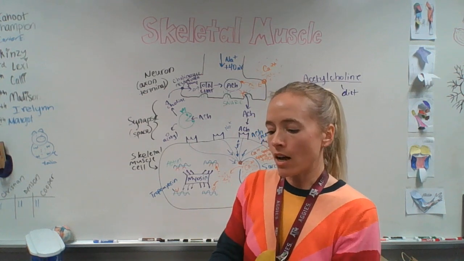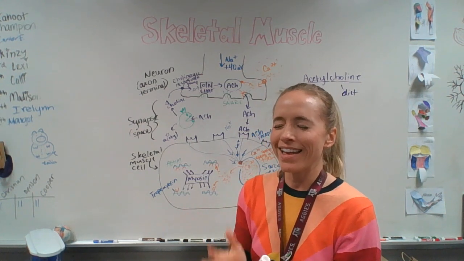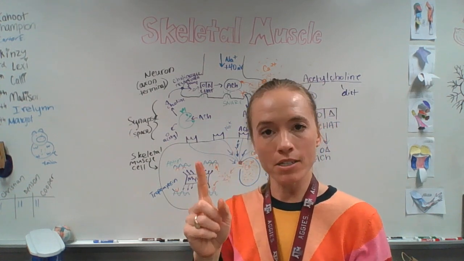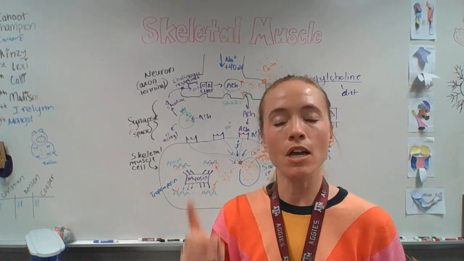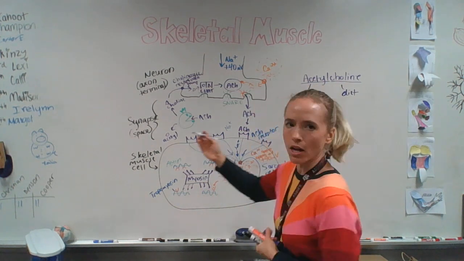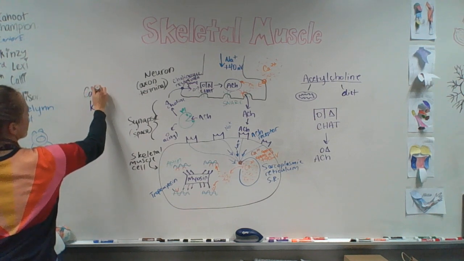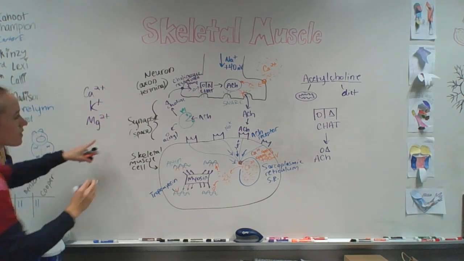Now, remember I said that troponin is a very negative receptor, so it's going to attract positive things to sit in it. Well, there's two other positive things. There's potassium. So I'll just write it over here. You have calcium, potassium, and magnesium.